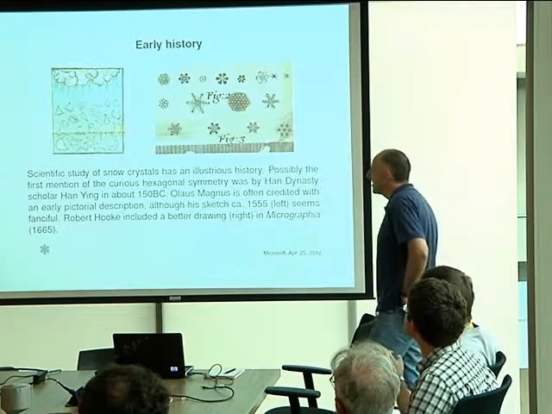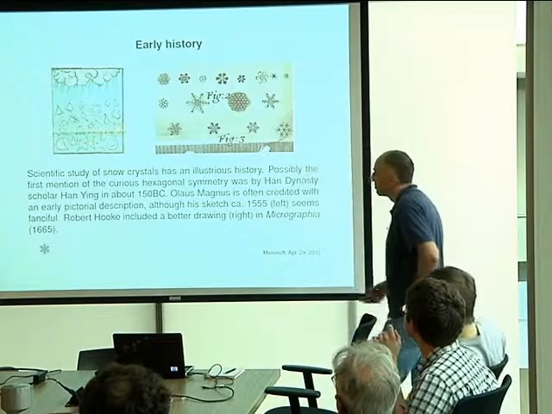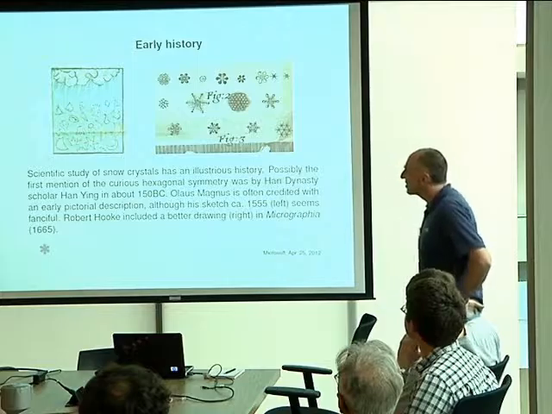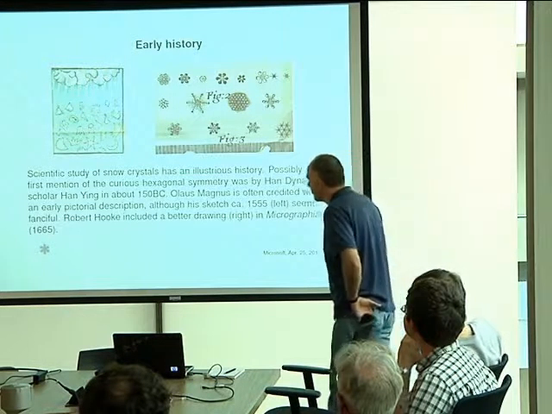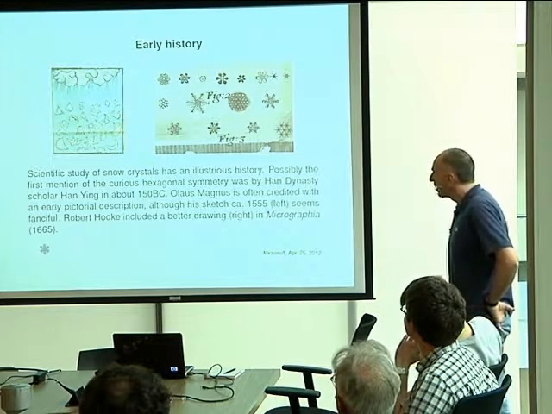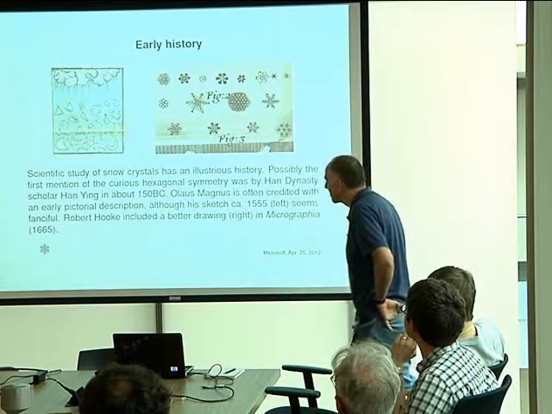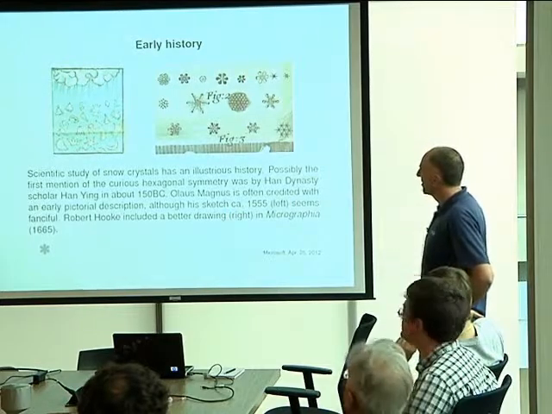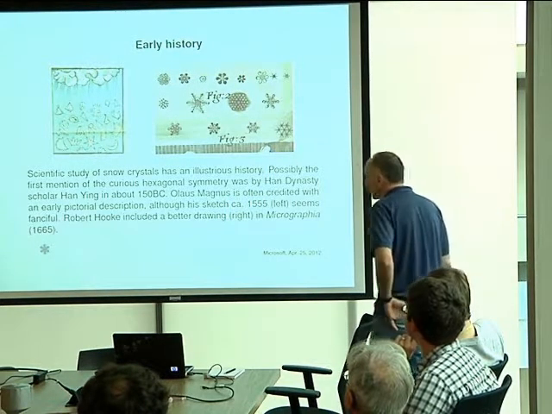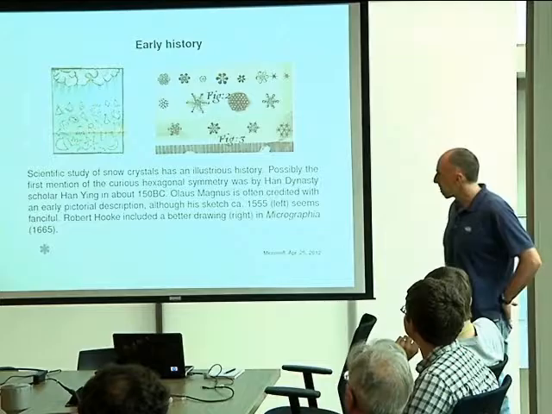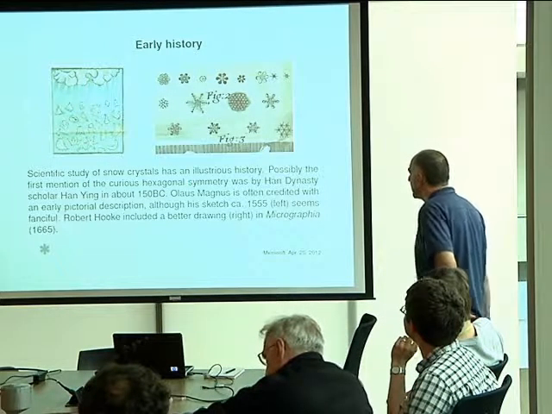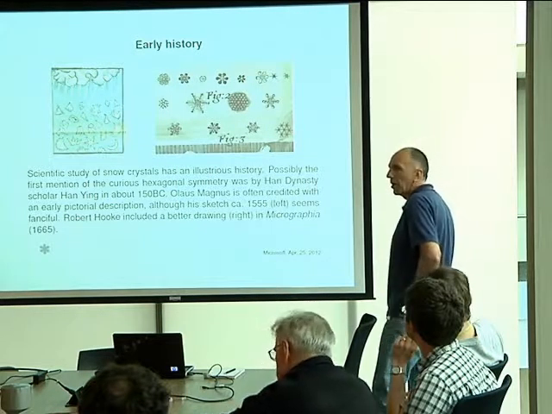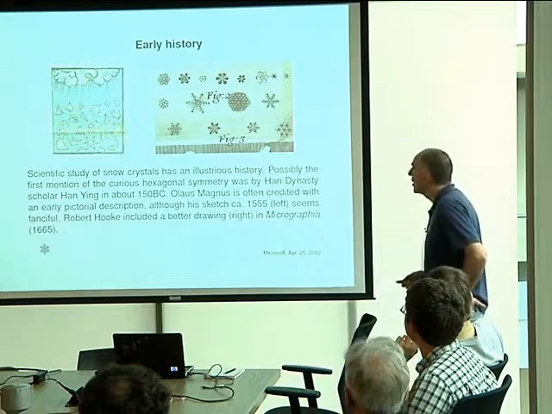But in the West, the first pictorial description, such as it is, is credited to Olaus Magnus in the 16th century. The first real pictures of snowflakes that really do look like real snowflakes are due to Robert Hooke in the 17th century, who of course knew how to deal with microscopes and obviously looked at them, because the pictures are actually quite good.